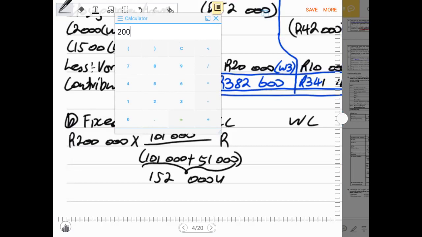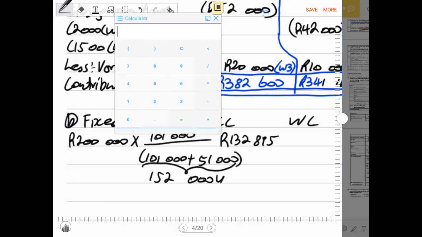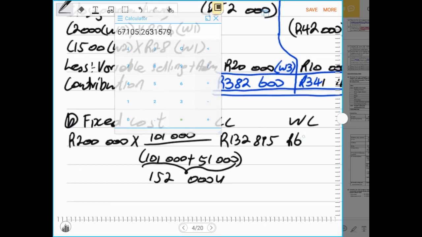So it will be 200,000 times 101,000 divided by 152,000 units, meaning we have to allocate 132,895 to the first product. Second product, it will be 200,000 times 51,000, divide this by 152,000, and it will give us a total of 67,105.